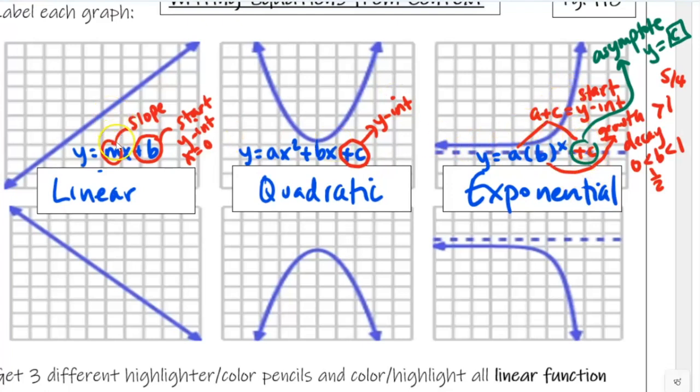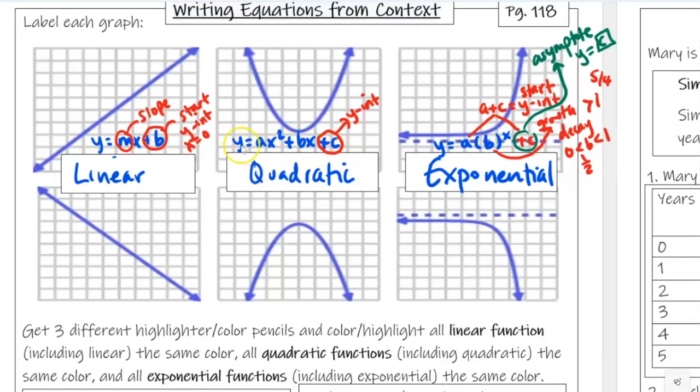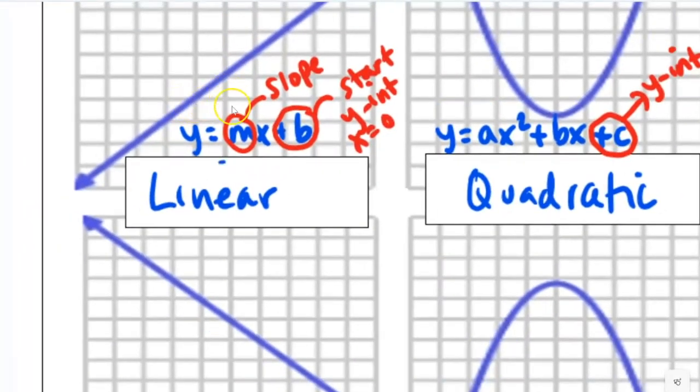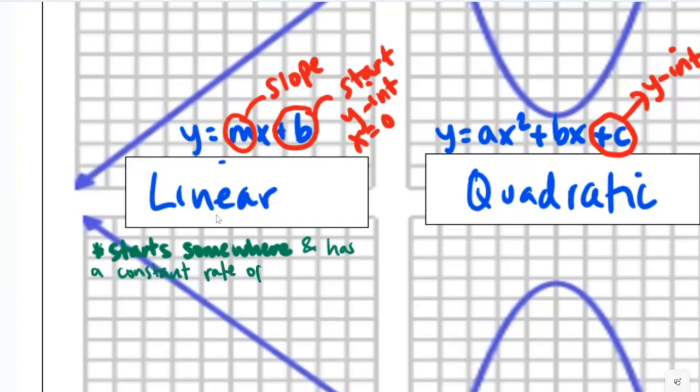All right, so that's a quick refresher of what the equations are, what they look like, so you can identify them from an equation. Doing them from a contextual problem, if you have a linear problem, you're looking for something that has some kind of initial start and some slope that's the same each time, that's constant. All right, so we're saying it starts somewhere and has a constant rate of change.